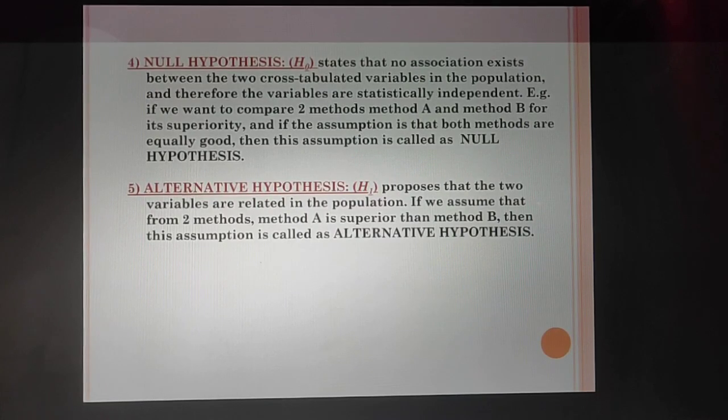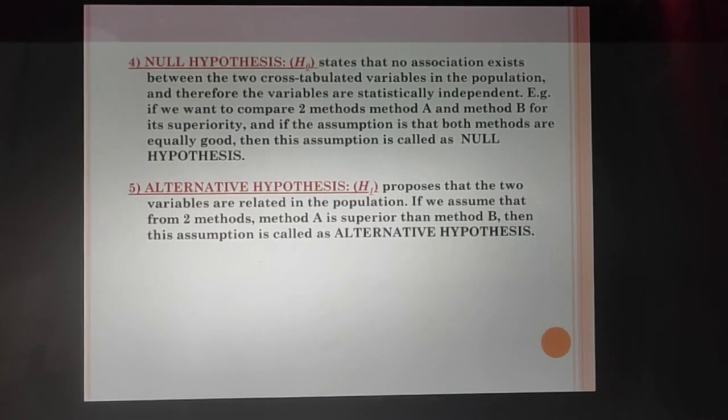I will explain with an example. If we want to compare two methods A and B, and the assumption is that both methods are equally good, then this assumption is called the null hypothesis. The null hypothesis is basically our assumption.